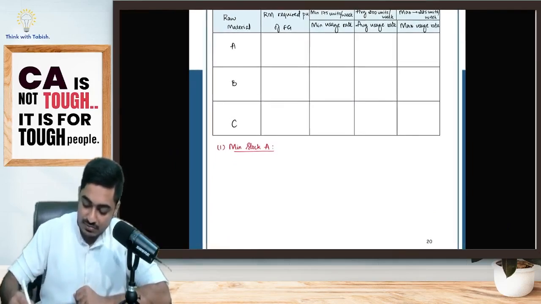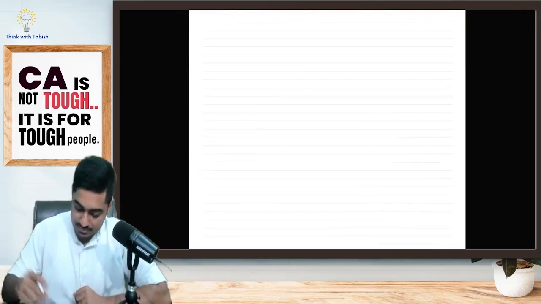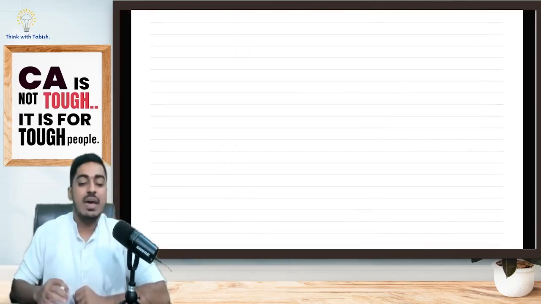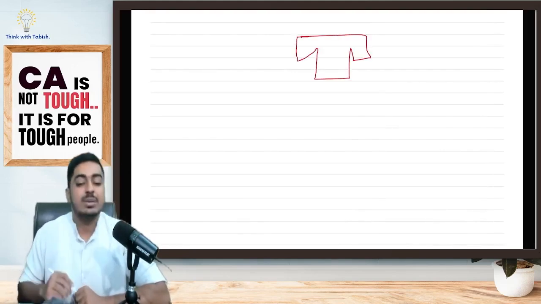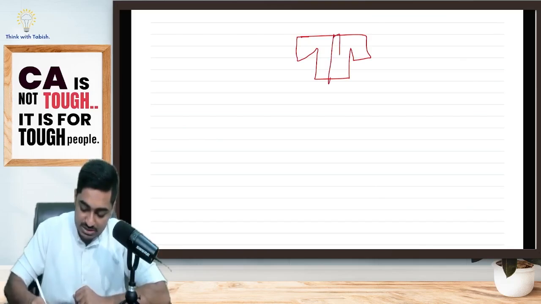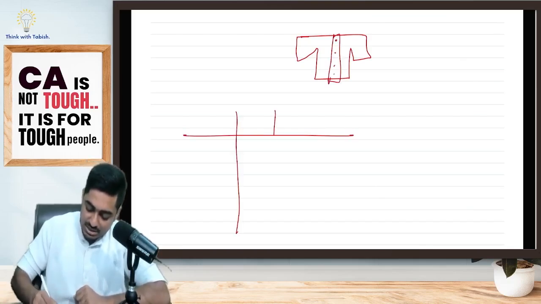Okay, sir, how do we calculate usage rate? Pay attention. For that I will give you a very small story. Imagine I am manufacturing shirts. I decided I am going to stop teaching and start manufacturing shirts. To manufacture a shirt, 3 items are needed.